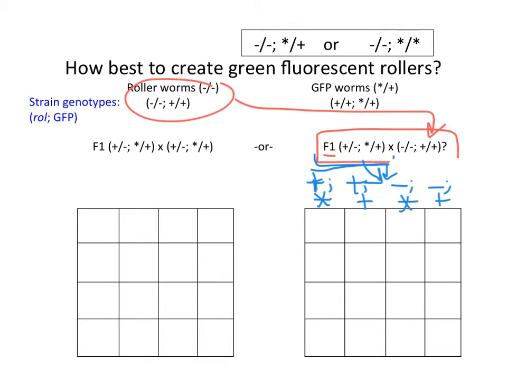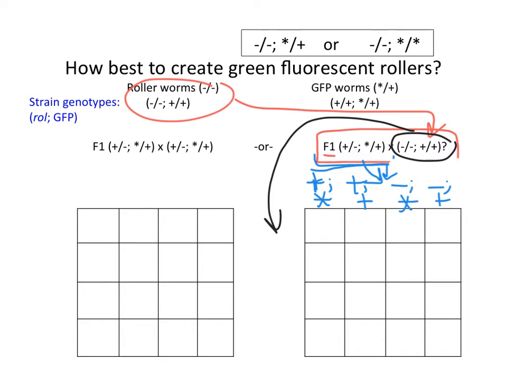So what goes on the y-axis in this Punnett square? We've got that parent, its alleles, its gametes go on the y-axis. What do I write there? Down the side. If it's minus over minus at the roller gene, what allele does it put into all of its gametes?